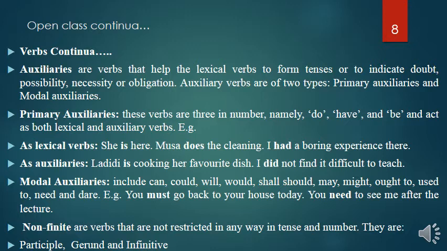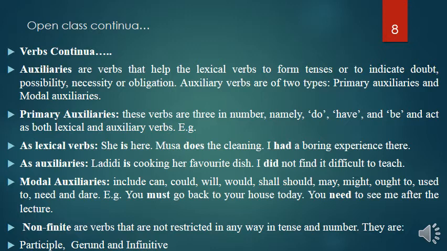The primary auxiliaries, these verbs are 3 in number, namely do, have, and be. And these 3 primary auxiliary verbs act as both lexical and auxiliary verbs. That is, they act as either lexical, that is the main verb, or auxiliary verbs, that is the helping verb in a sentence.